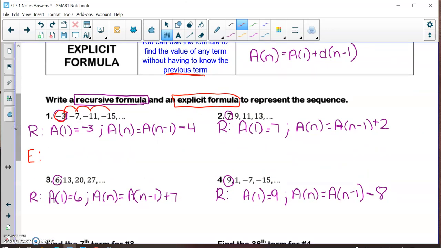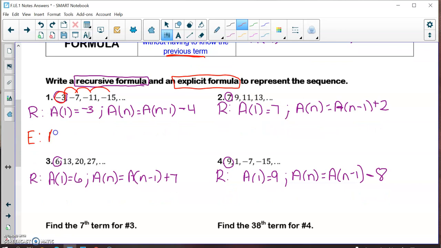So for the explicit formula, here's how we report it. a of n is equal to, and then we actually write our first term, which in this case is -3, and then we do our common difference, which in this case is -4 times n minus 1. And that's it. You leave it like that.